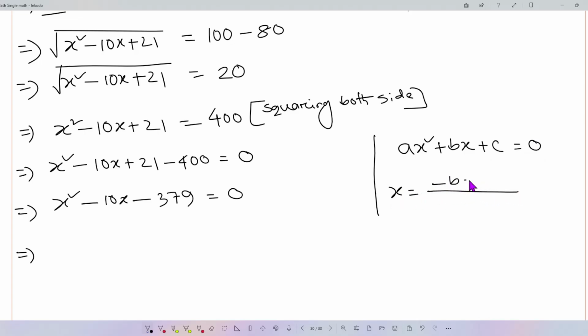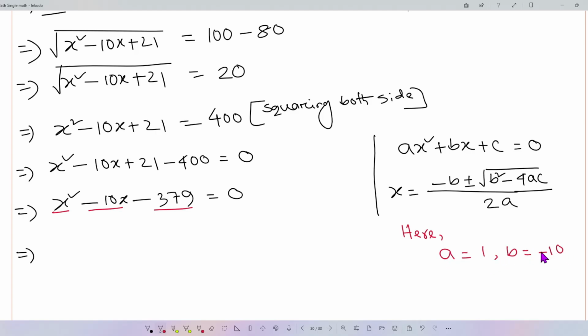Minus b plus minus root over b square minus 4ac, by 2a. So here x square minus 10x minus 379, if we compare it with ax square plus bx plus c, we can write a equals 1, b equals minus 10, and c equals minus 379.